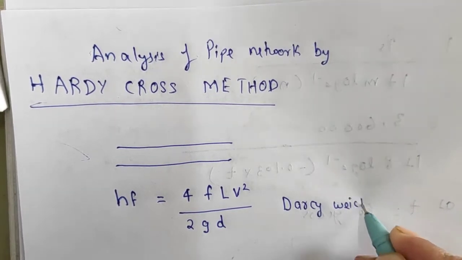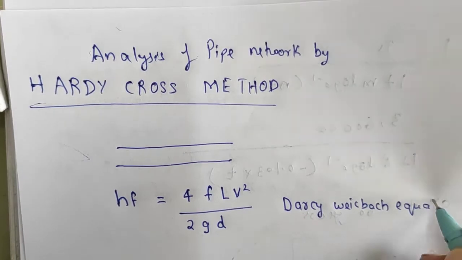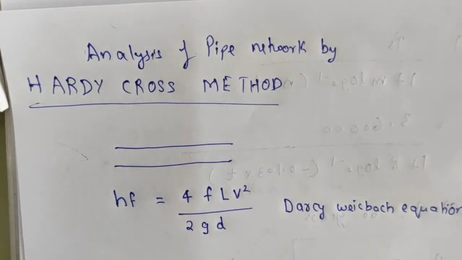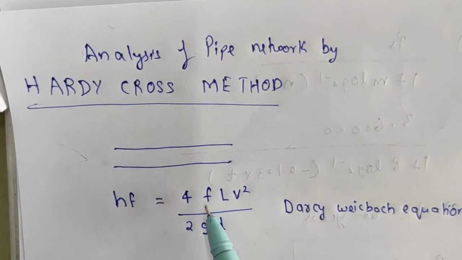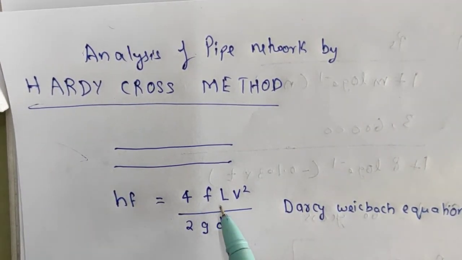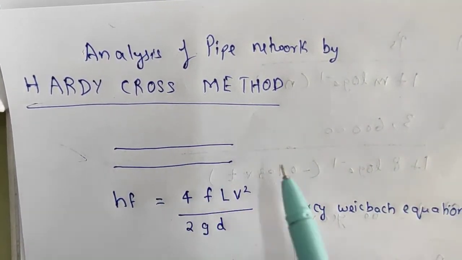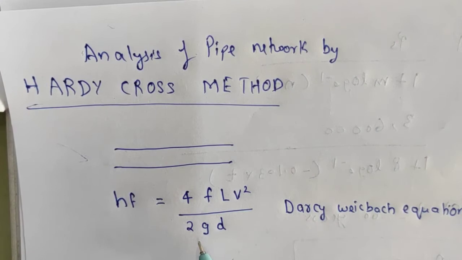This is what is given by your Darcy-Weisbach equation, right? In this equation, f is the friction coefficient, L is the length of this pipe, V is the velocity of flow within this pipe, g is the acceleration due to gravity, and D is the diameter of the pipe.